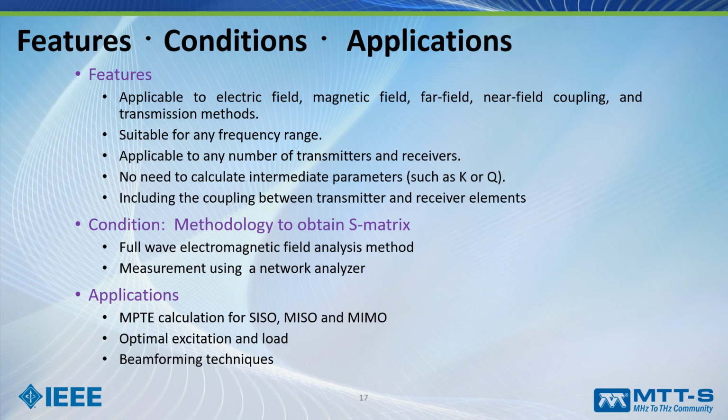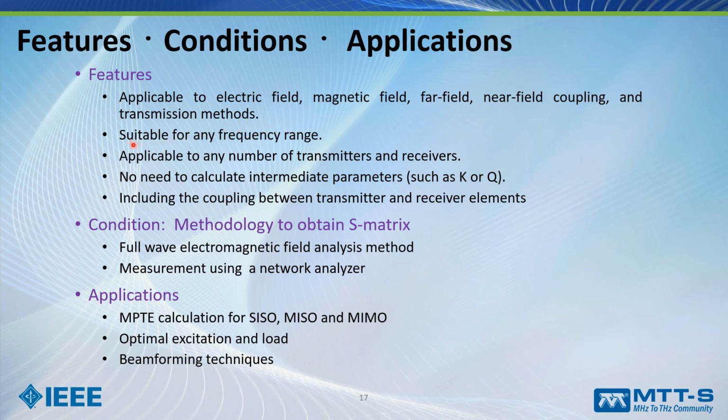To conclude my lecture, here are the features, conditions, and applications of eMIMO. It can be applied to electromagnetic field, electric field, magnetic field, far-field, and near-field coupling, and also to transmission methods.